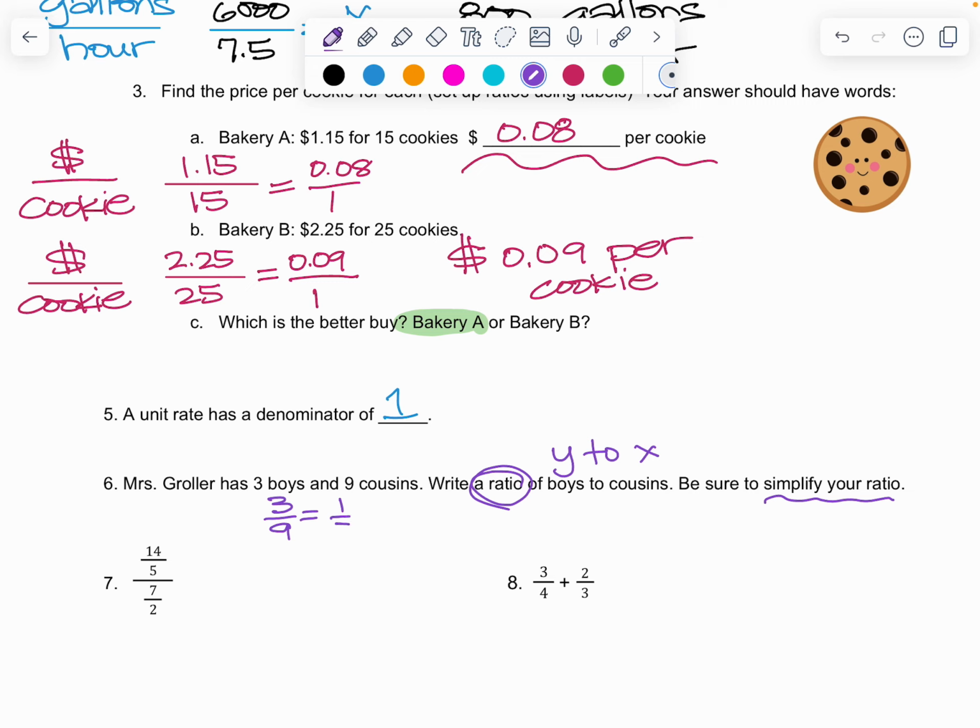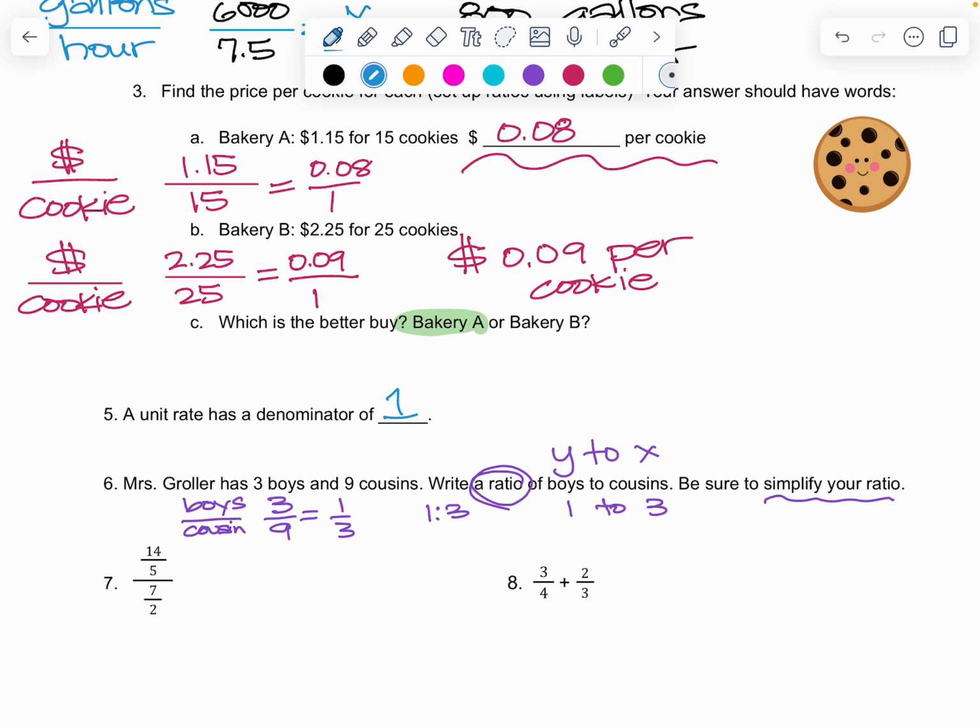Wouldn't that be 1/3? But I don't like this because I have not labeled it. So make sure it is 3 boys per 9 cousins, which simplifies to 1 boy per 3 cousins. You could also write it 1 to 3 or 1:3.